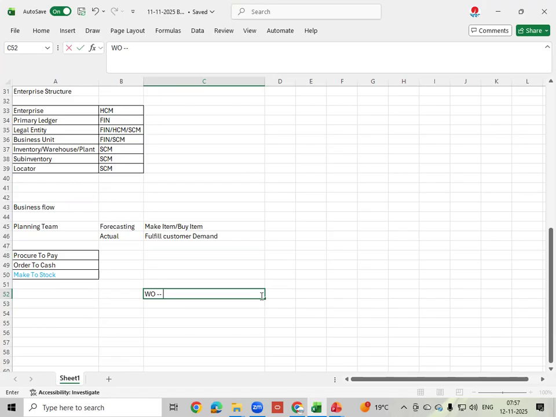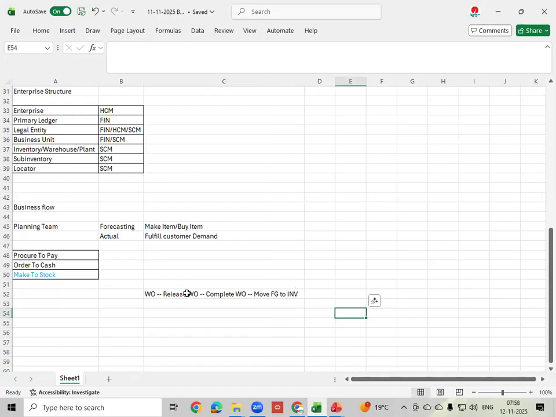Then release work order, complete work order. After completing, move or transfer the finished good to the inventory warehouse. So this is the cycle.